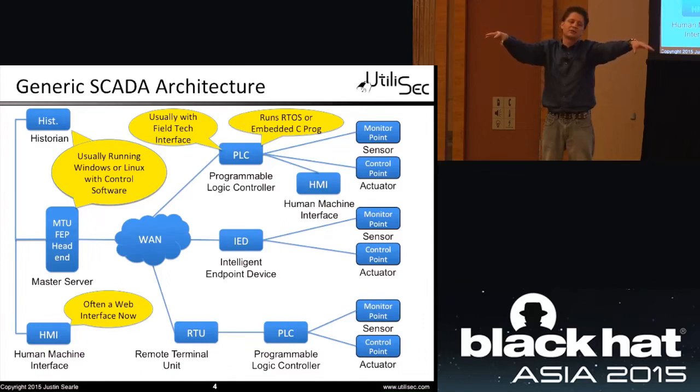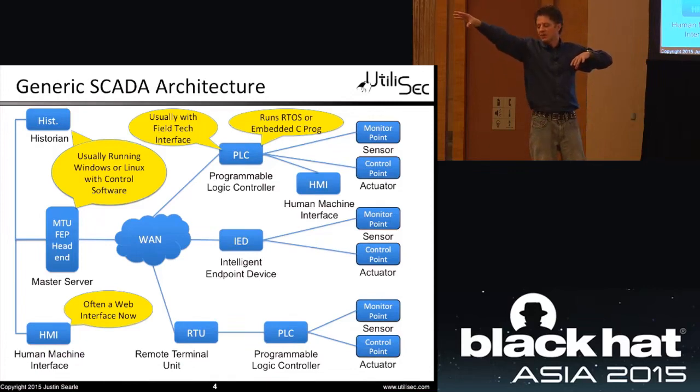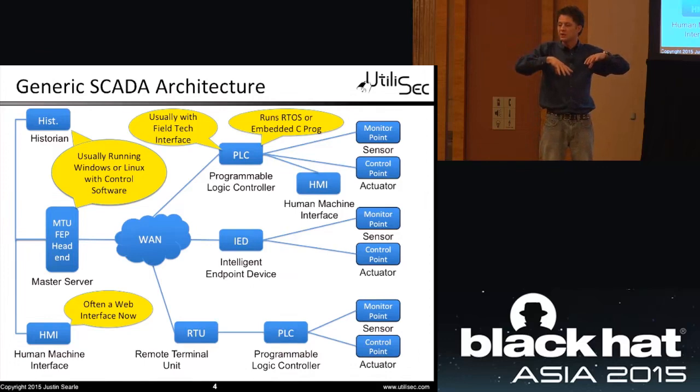However, to get the electricity from those generation plants to the homes and the businesses, or to get the gas from the drilling stations to the different locations where we can actually use it, we end up having to control and monitor all of that network over a large geographic region. This is what we call SCADA.